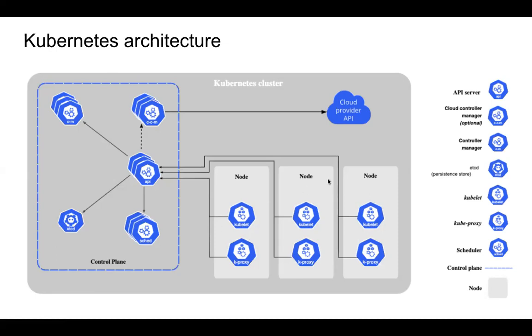Multiple nodes. Each node has a kubelet and a proxy. In addition to it, it has pods. One pod can have more than one containerized application. And in a Kubernetes cluster, you can have multiple worker nodes. And as you can see here, everybody is talking to the API server or through the API server.